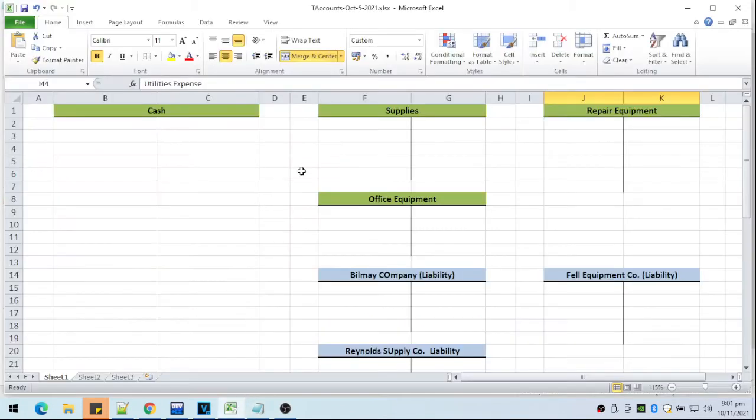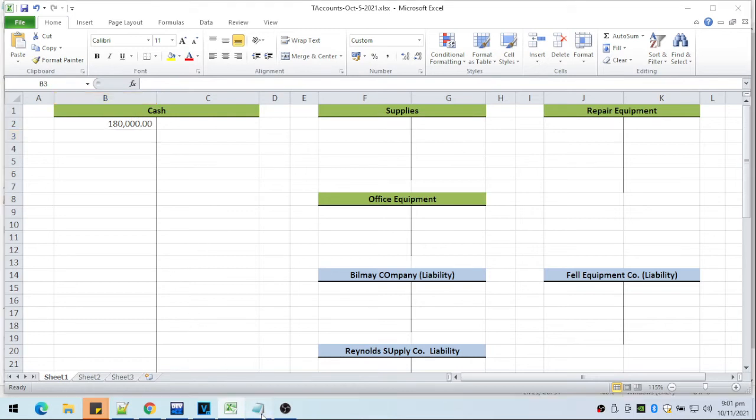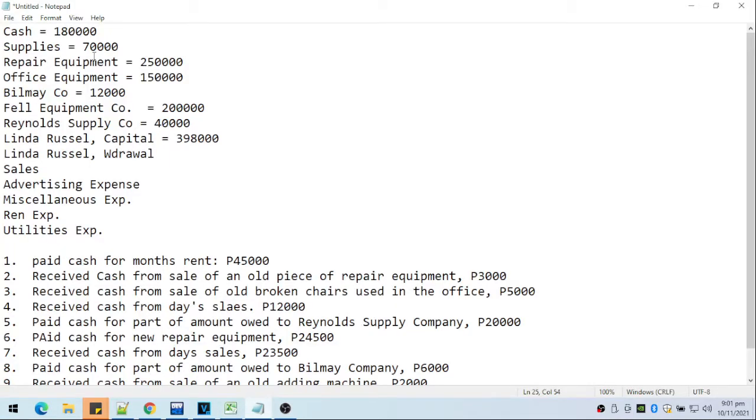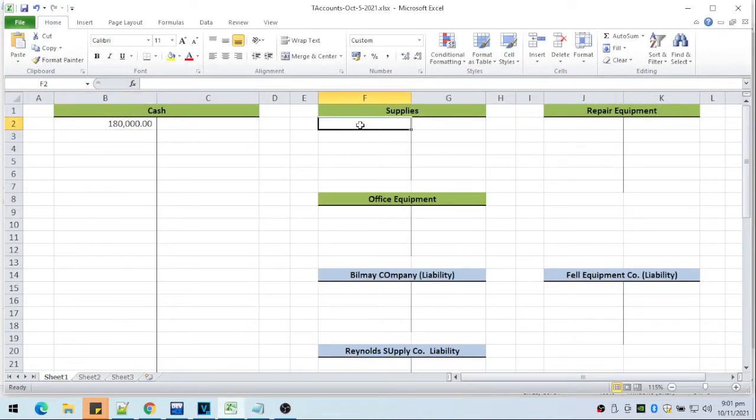I already have my T accounts prepared here. For assets, the balance is on the debit or the left side. So we have 180,000 for cash, and then supplies for 70,000, also on the left or debit side.